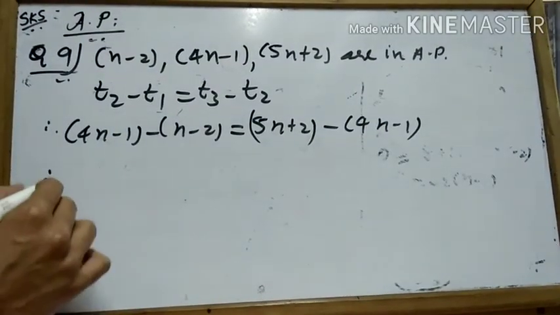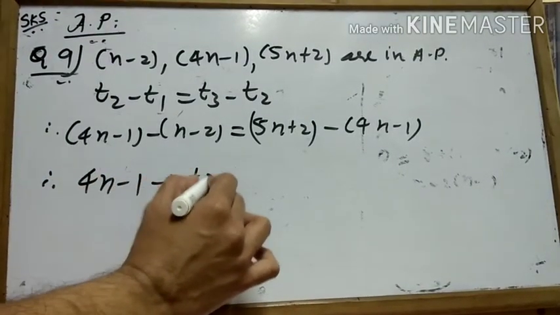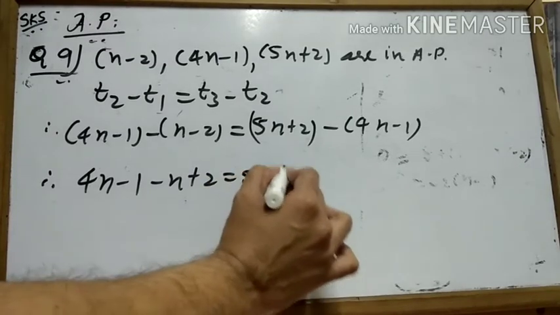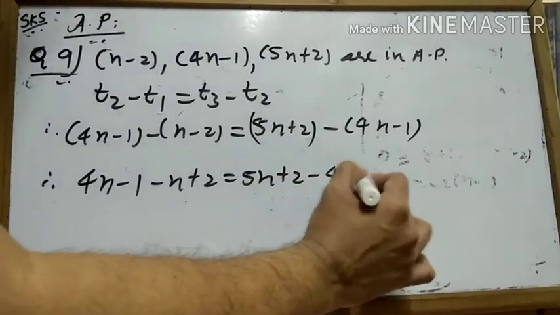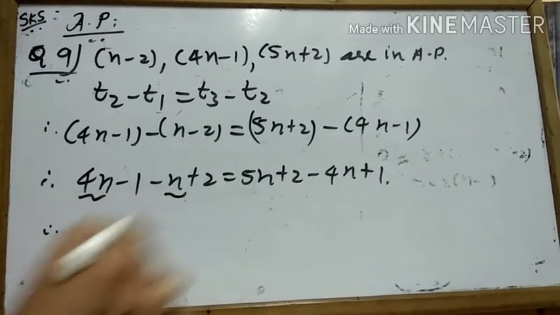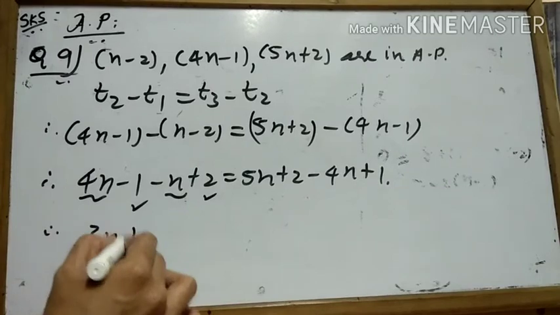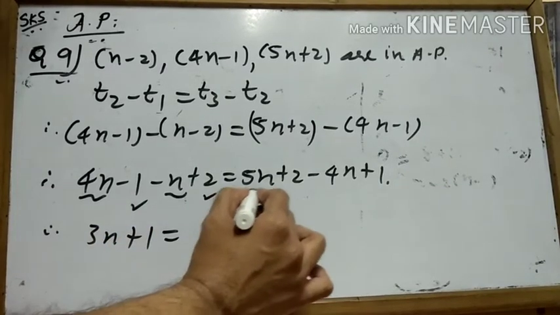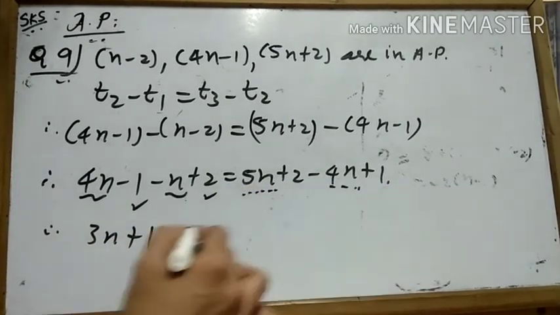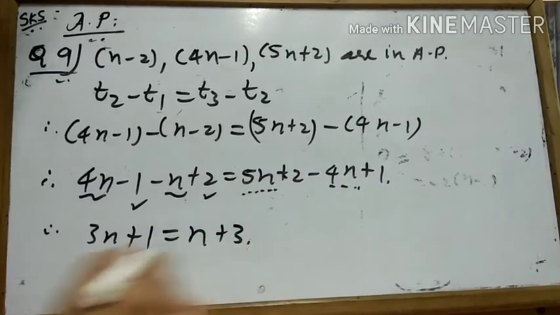So if I open up the bracket, it will look like this: 4n minus 1 minus n plus 2 equals 5n plus 2 minus 4n plus 1. 4n minus n is 3n, negative 1 plus 2 is plus 1, 5n minus 4n is n, 2 plus 1 is 3.